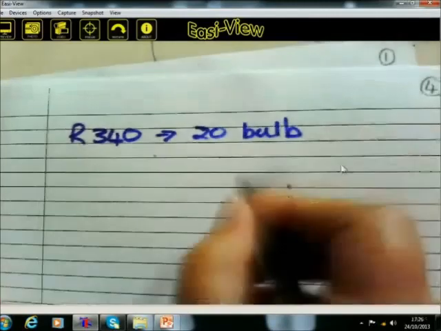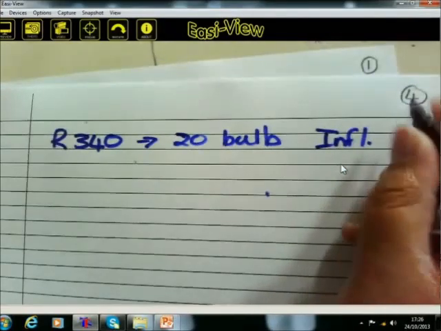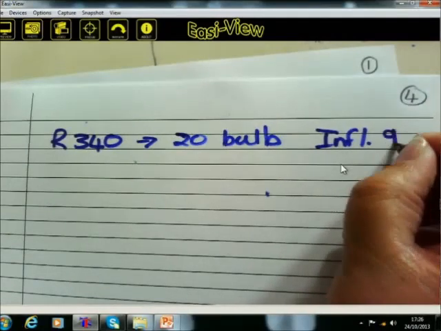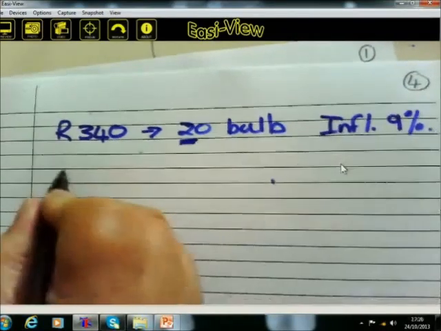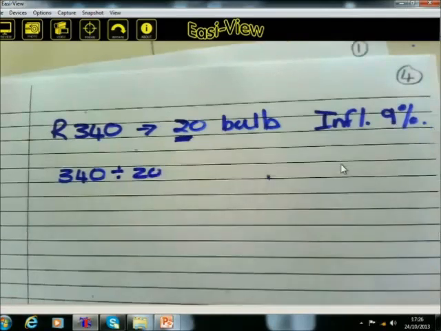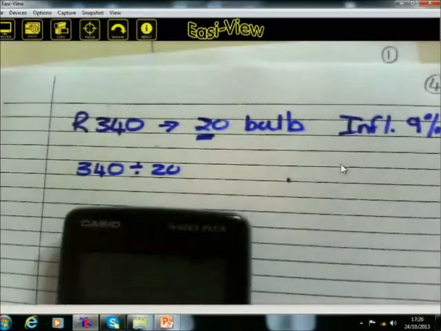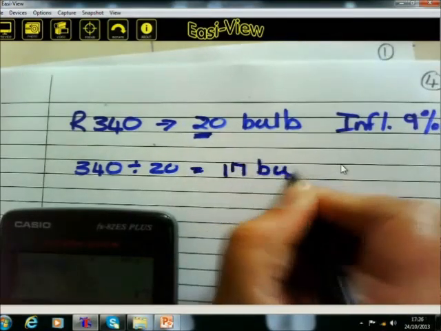And it said that the inflation, I'm just going to abbreviate quickly, is 9% per year. So now I first have to look at my price per bulb. So it's going to be 340 divided by 20, and you can take your calculator for that.